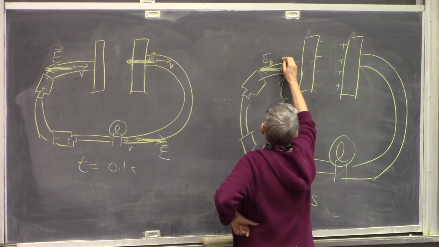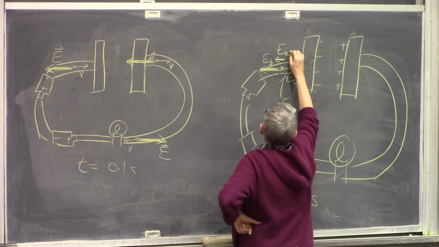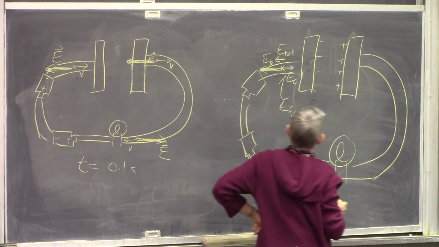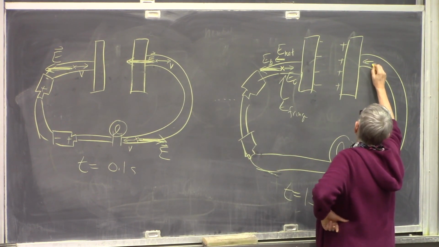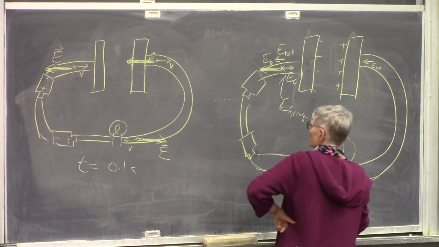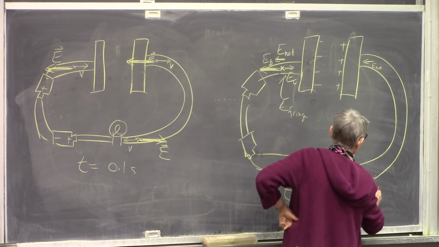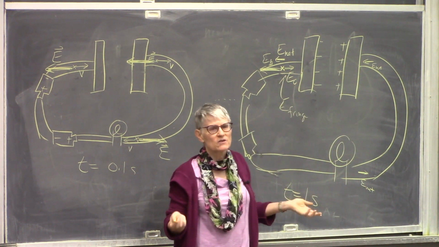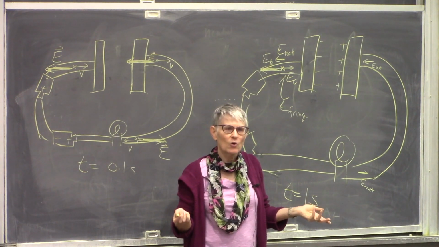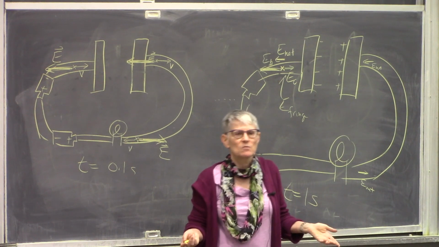And so E net is just smaller. So we have a smaller net electric field at these locations. And therefore, the drift speed of electrons is lower at each place, and we've got a smaller current. And that makes sense because the bulb wasn't as bright.